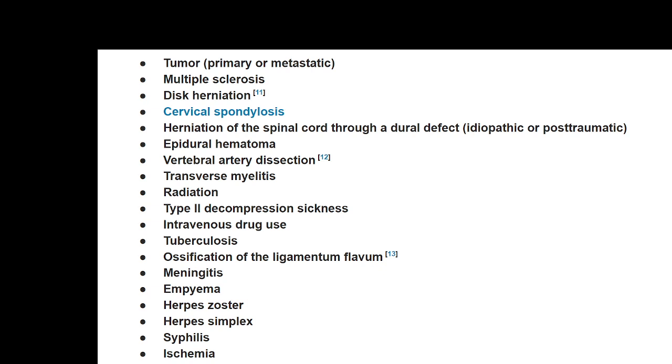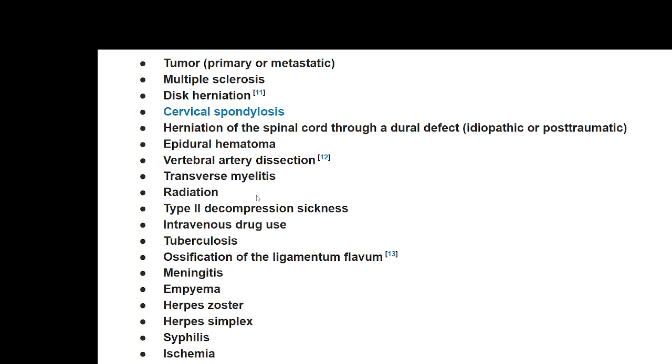The common causes are tumors, primary and metastatic, multiple sclerosis, disc herniation and spondylosis. Majority of the patients whom we see in our clinical setup are these two types. Herniation of the spinal cord through the dural defect, like after surgery, many times after surgery.